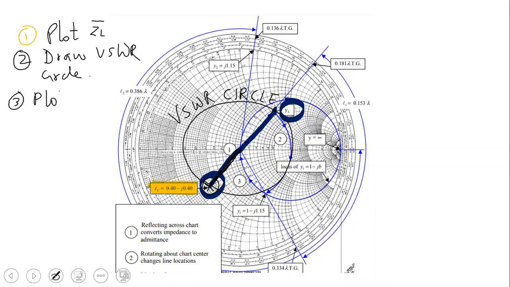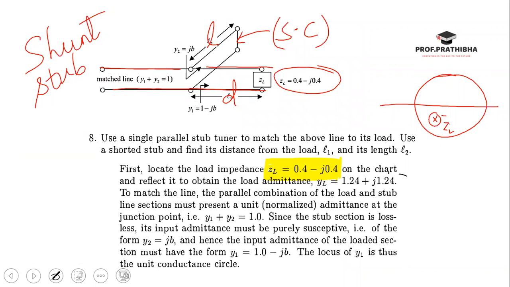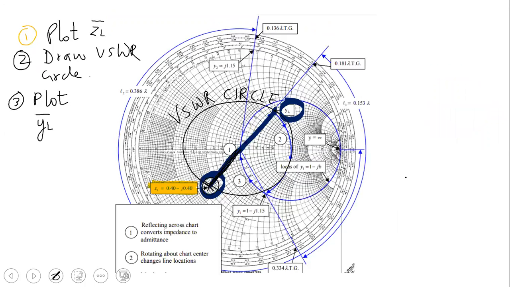We are basically plotting what I would call YL bar. The value of YL bar should be 1.24 plus j 1.24. Please check whether you are getting that point on the opposite end of the circle.